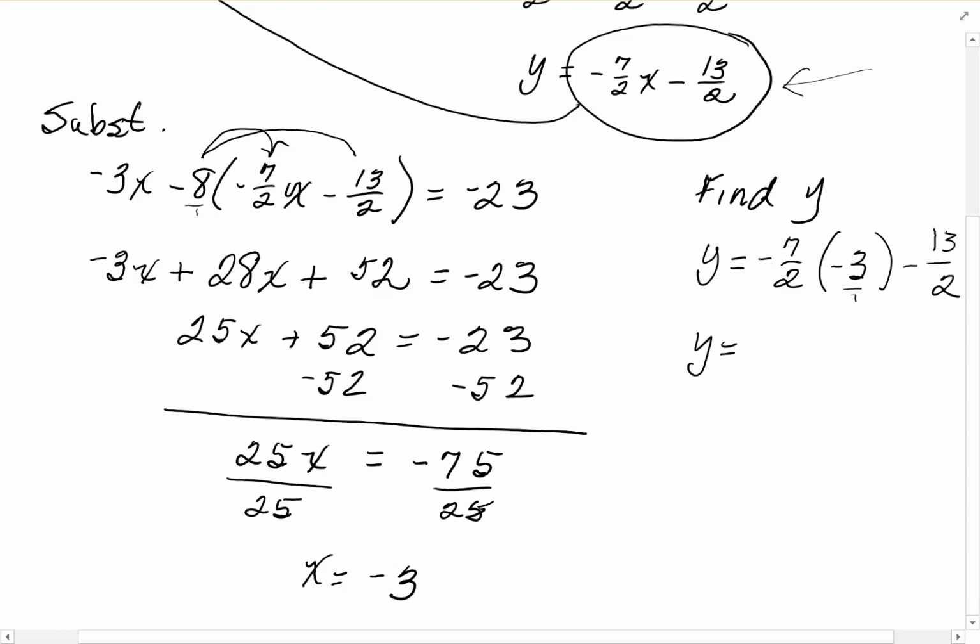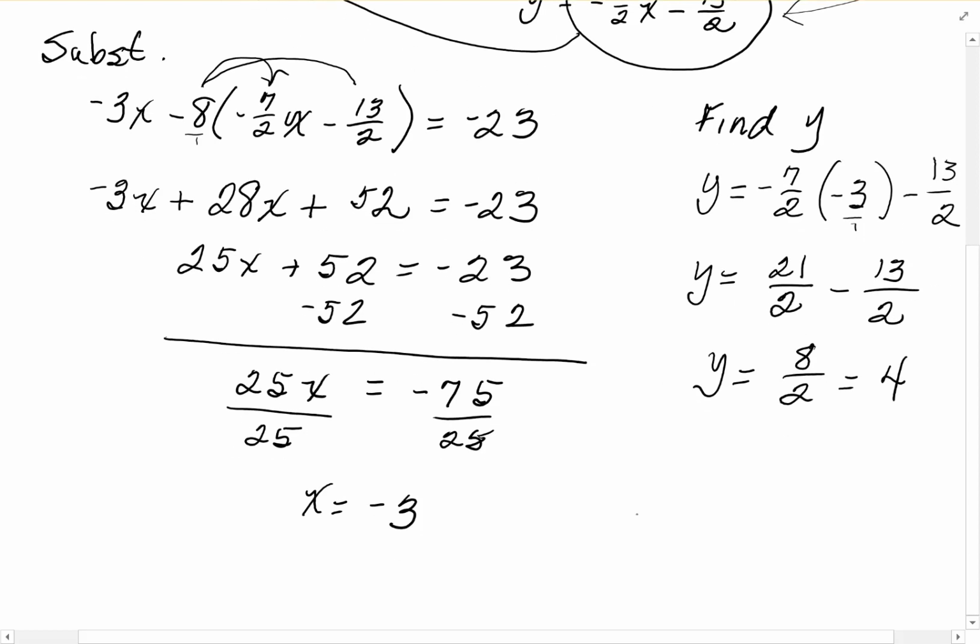That's not going to divide out, so it's positive 21 over 2 minus 13 over 2. So y is equal to 8 over 2, which is 4. I honestly didn't expect such a nice answer. Negative 3 comma 4, one solution.